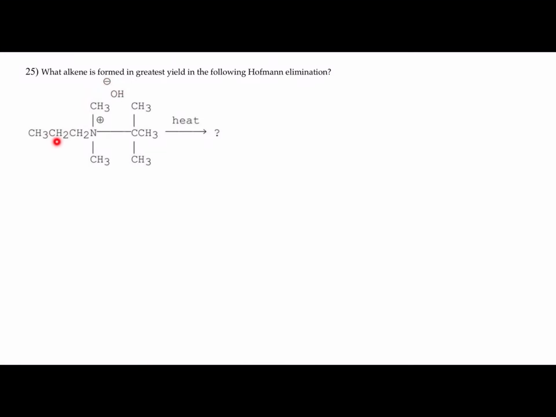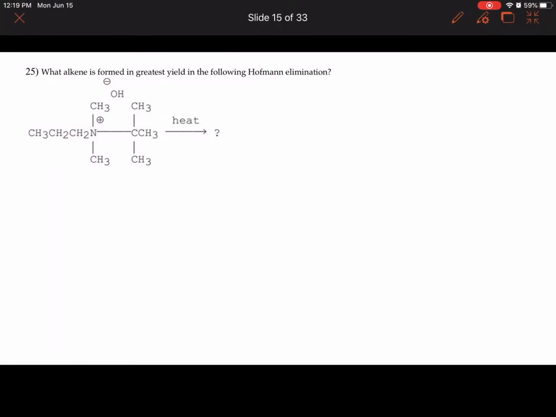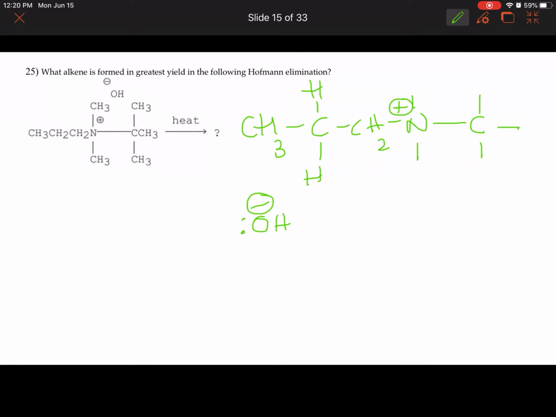Carbon next to the nitrogen is the alpha carbon, and then further to the left would be beta carbon. Okay, so CH3, CH2, CH2, and then we have the nitrogen with 3 methyl groups.